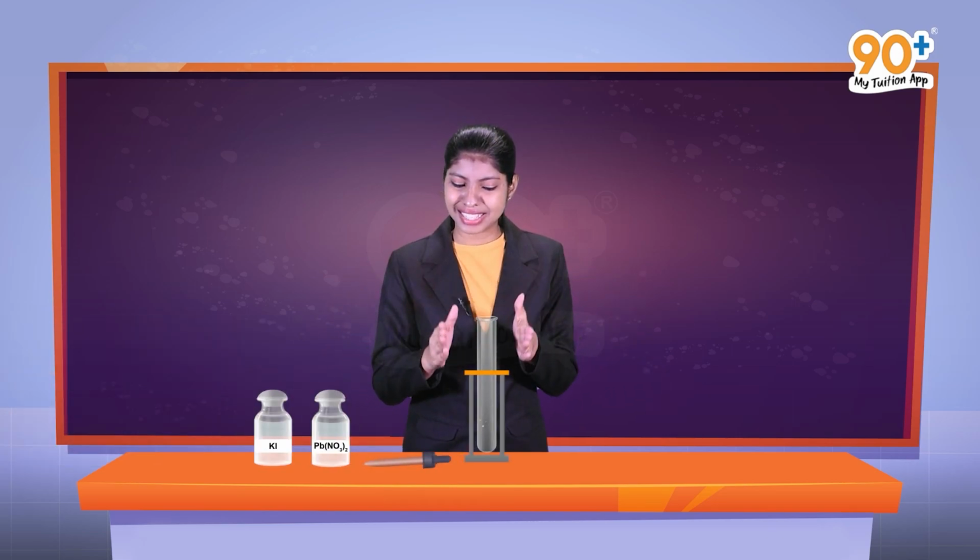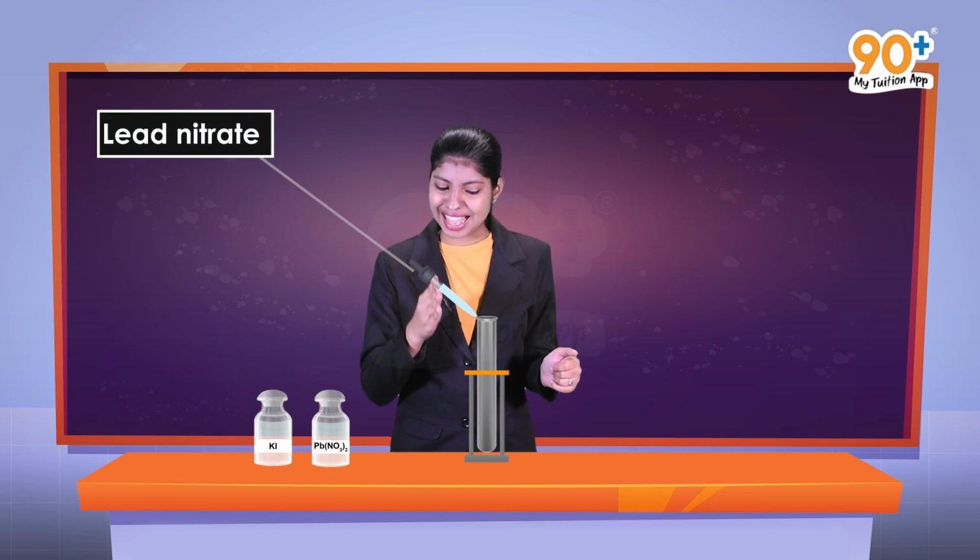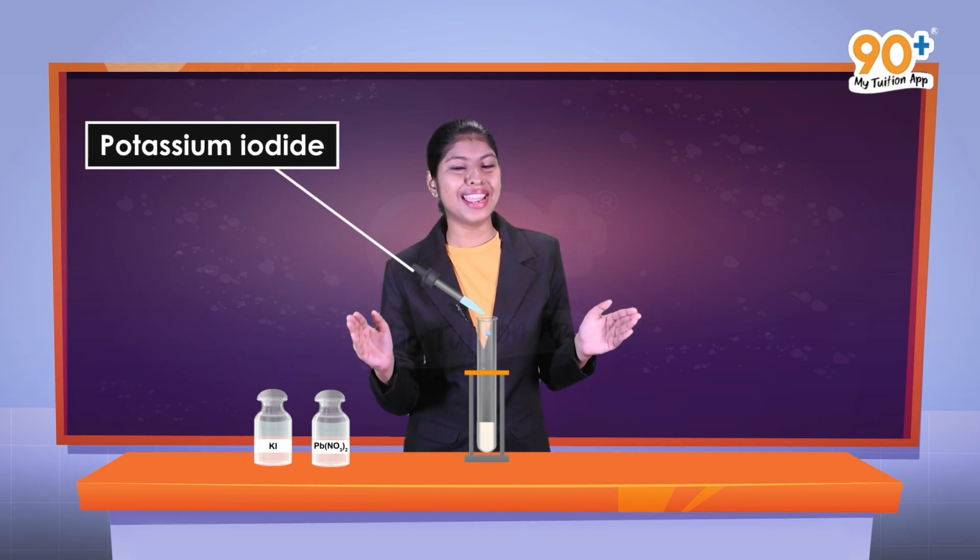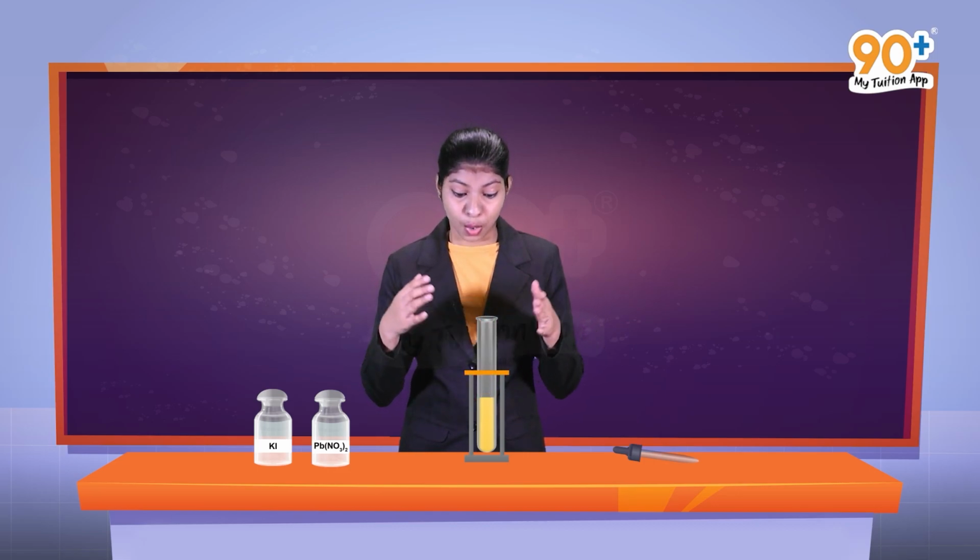So friends, let's conduct another activity. For that, let's take a test tube here. To this test tube, we can add lead nitrate solution. To this lead nitrate solution, we can add potassium iodide solution. What do you observe? Wow!